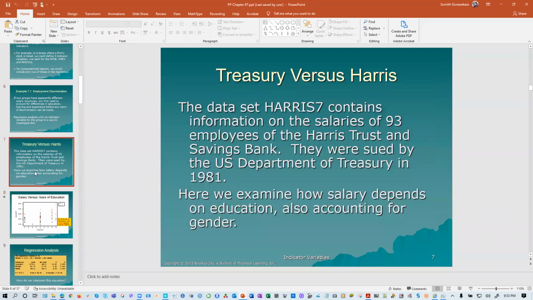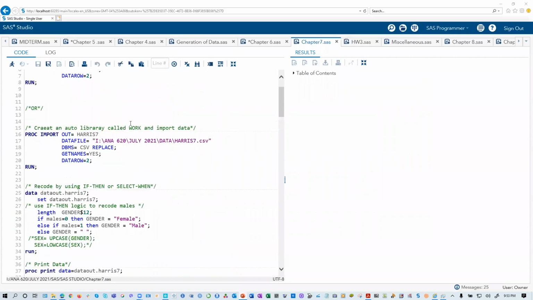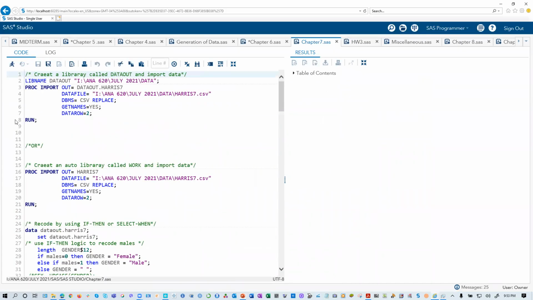Look at the very beginning, they have only one variable. The Harris 7 data contains information on the salaries of 93 employees of the Harris Trust and Savings Bank. They were sued by the US Department of Treasury in the 1970s. Here we examine how salary depends on education. Harris salary, Harris data. Okay, let's get this data.